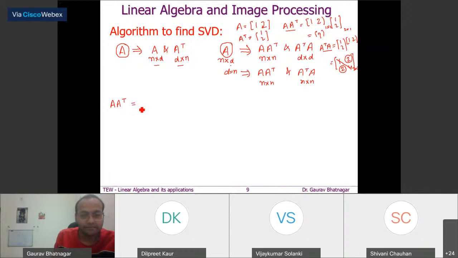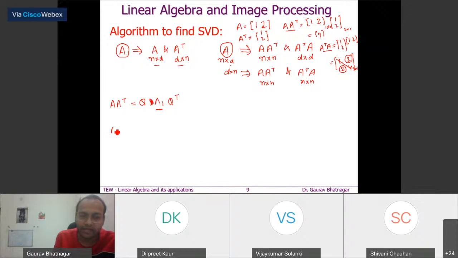So this can be written as, let's say, Q, and now I'm going to take this as, let's say, not lambda, let me take the matrix sigma 1, and Q transpose. So this is nothing but the collection of all the eigenvalues of A A transpose, and these are the collection of the corresponding eigenvectors.